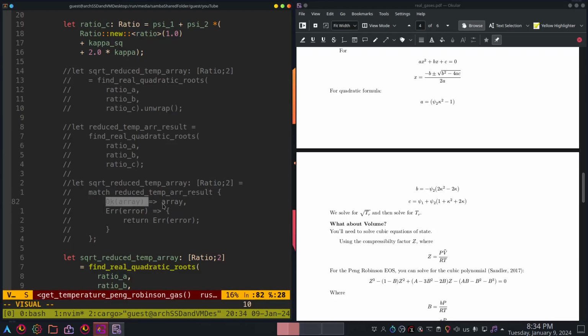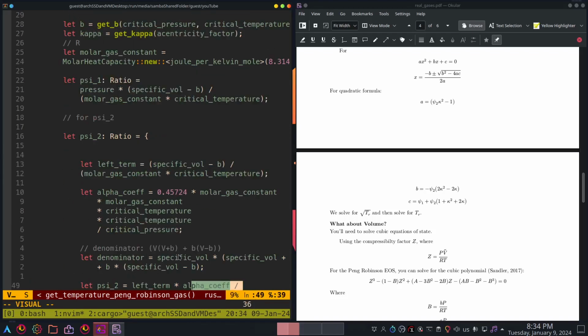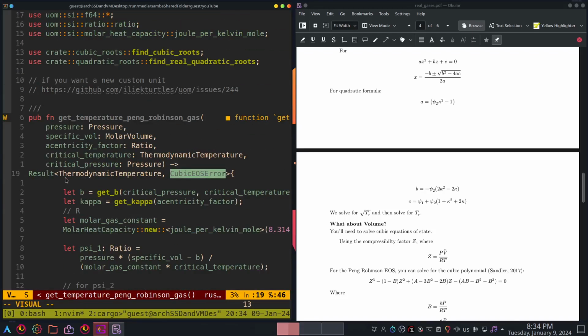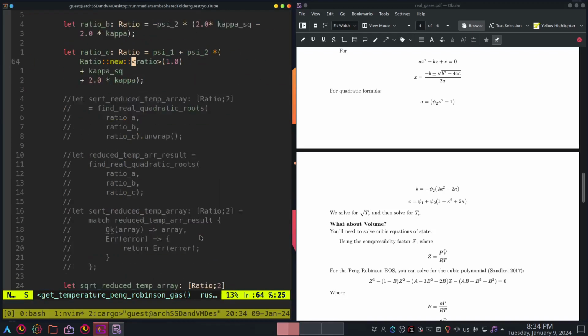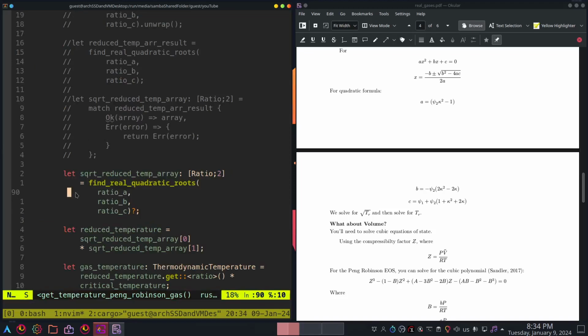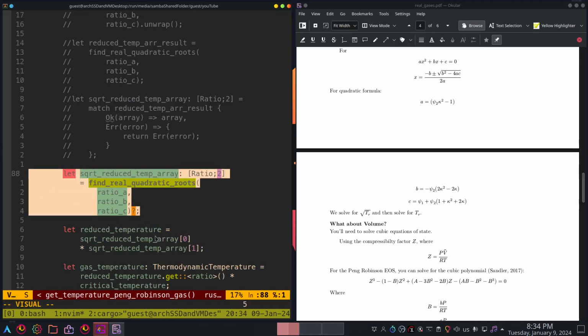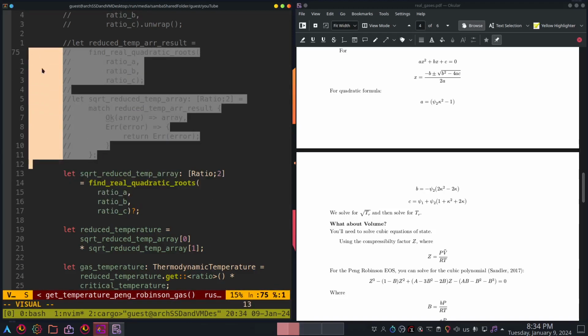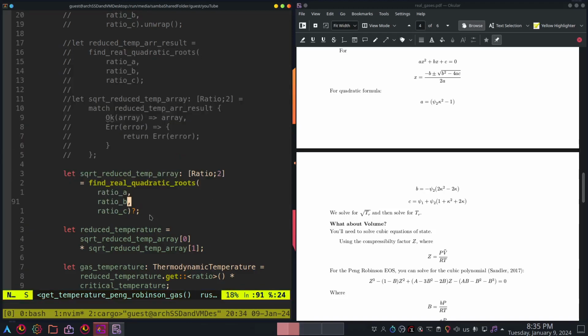If it's okay, then we continue on with the code. If there's an error, then we return this error right back here. We tell this function to return the error type. So that's what error propagation is. This question mark here squishes these two lines of code into one line, very neat and very concise.